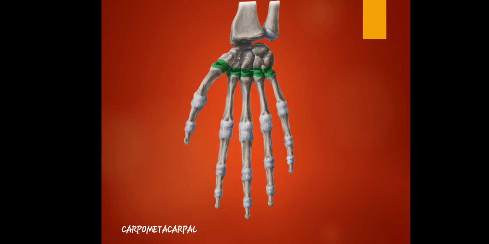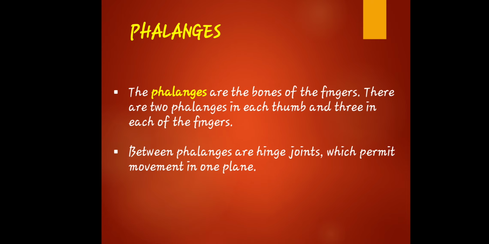So this is the location of the carpometacarpal joint. Phalanges. Okay. So, if the carpals are the wrist bones and the metacarpals are the palm bones, the finger bones are called phalanges.